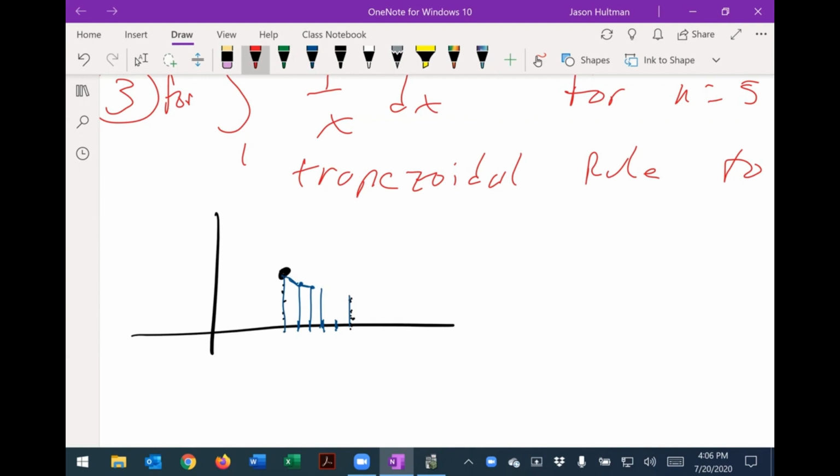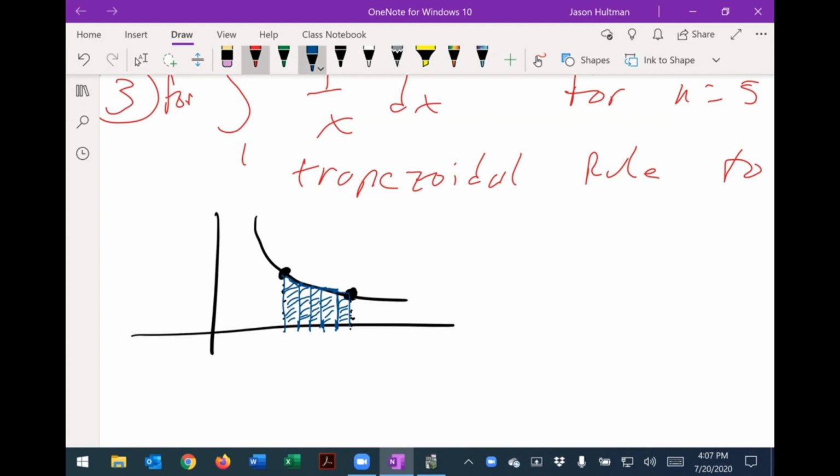My eraser is way too powerful. So we've got trapezoids going on all over the place.